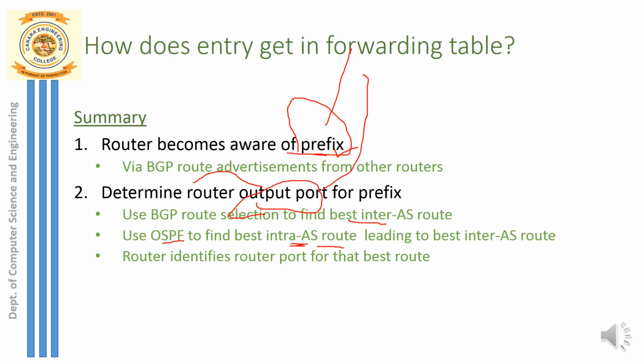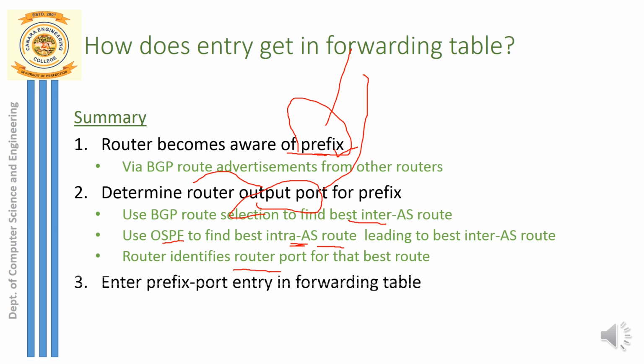Within the autonomous system, the shortest path is calculated using OSPF, and then the router identifies the router port for that best route. So the router port, that is the outgoing port, is also chosen for the best route. Once the best route is calculated, that prefix-port entry, the closest path it has calculated, is entered into the forwarding table.